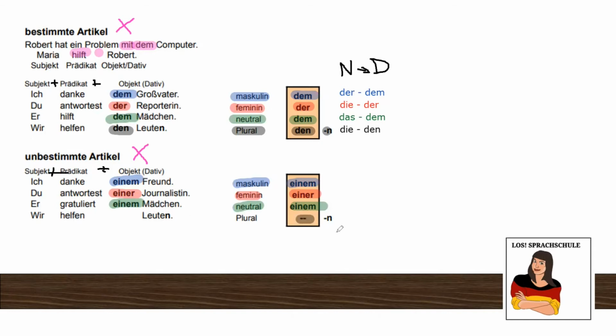So nothing here, like the plural in nominative, but we still have to make it visible that we talk about plural by putting the n. So in nominative, ein Freund, in dative, einem Freund. Female, eine becomes einer. Neutral, ein becomes einem. If you learn this little summary by heart, you're doing yourself a big favor. This is the first part of learning the dative.